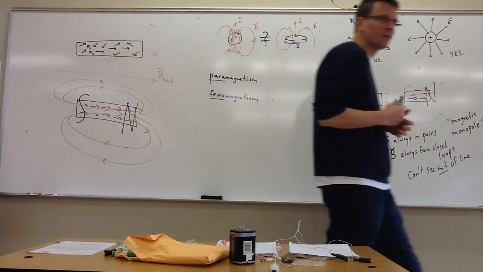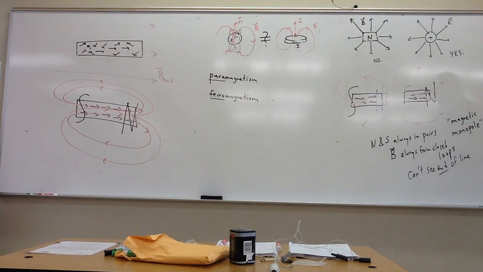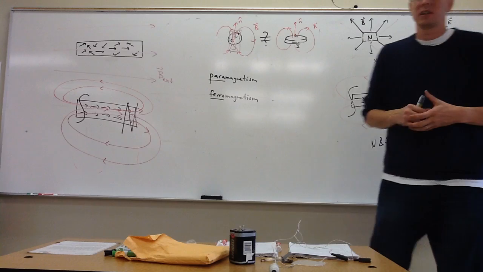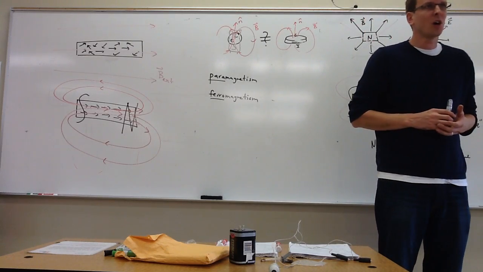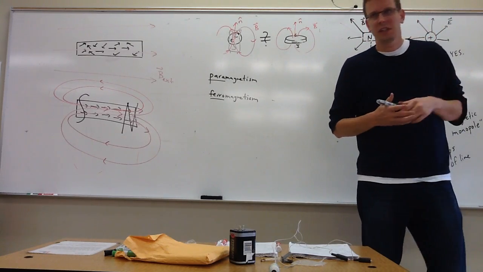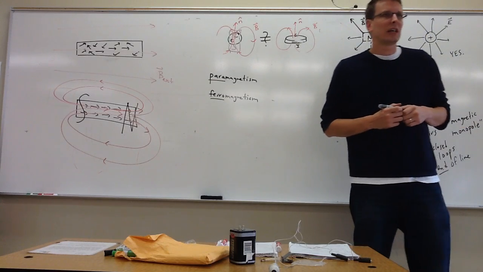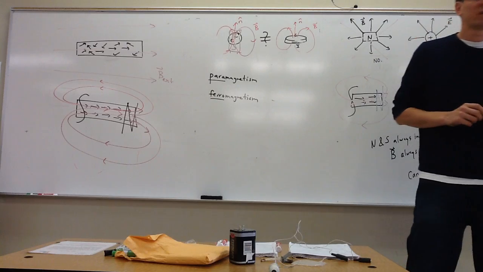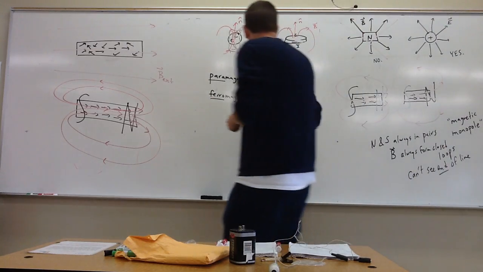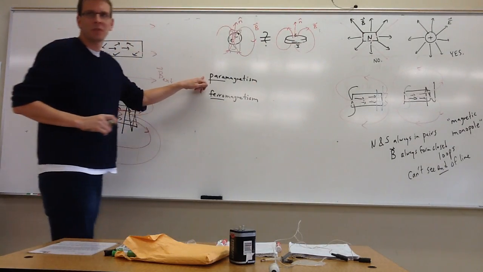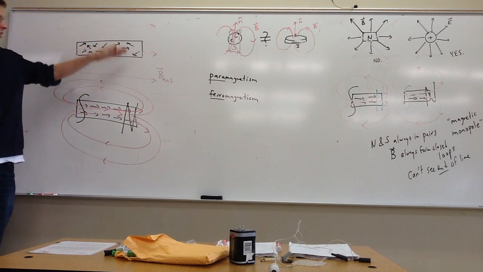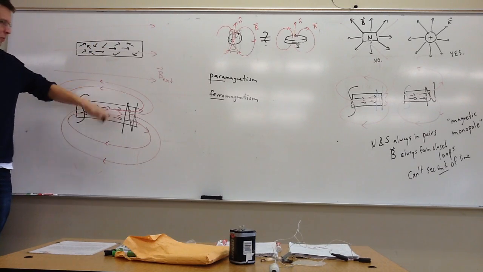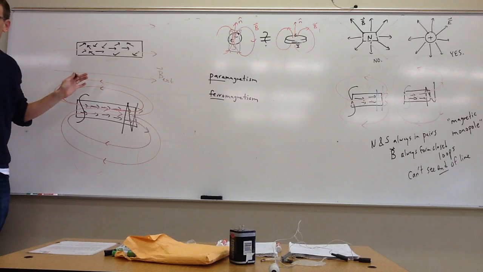And the main difference between these two, I'm not going to get into the details of why this is, but the details here are just a matter of degree in terms of how easy are they to magnetize and how stubborn are they to stay that way once they are magnetized. So paramagnetism is something where if you apply an external field and then you remove it, they re-randomize almost immediately.